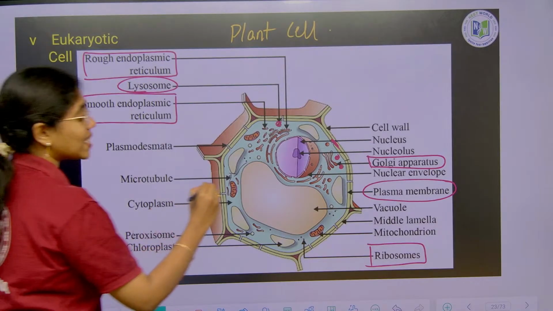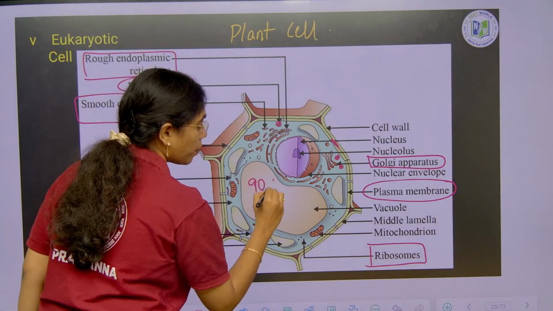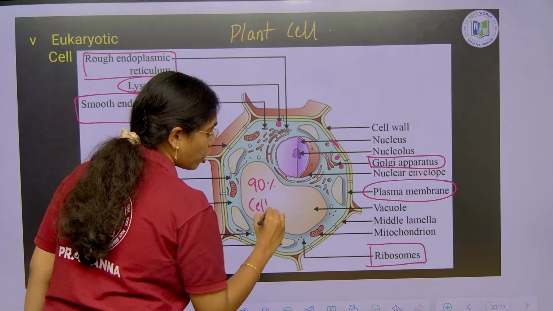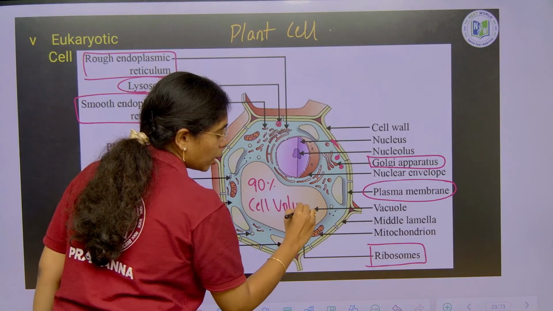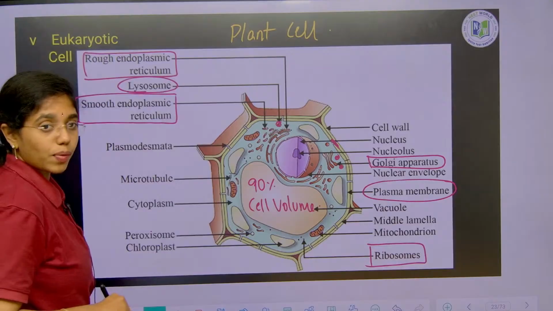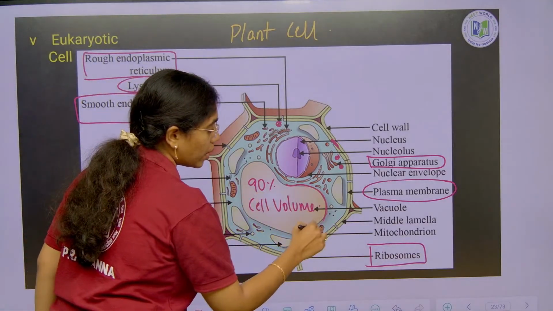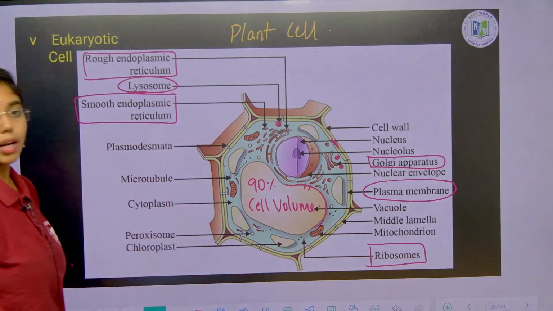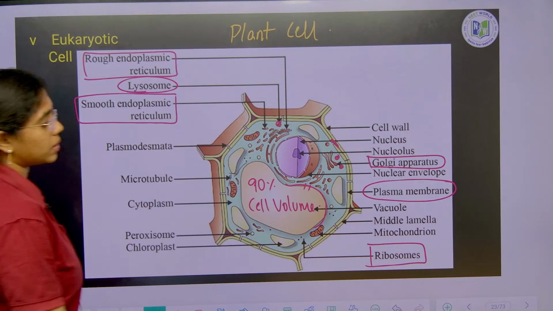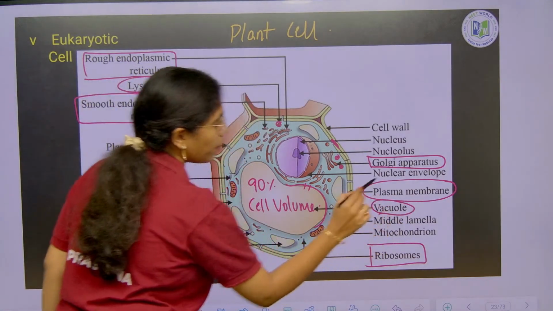Vacuole is single membrane bound and occupies 90% of plant cell volume. The membrane of the vacuole is tonoplast.